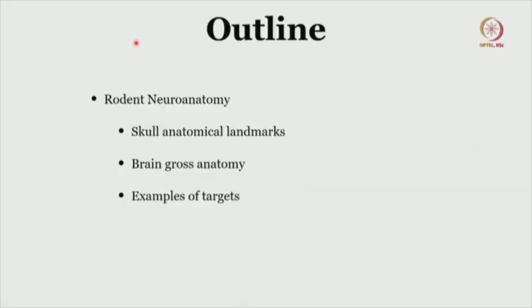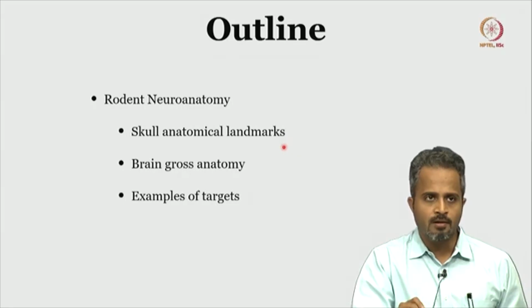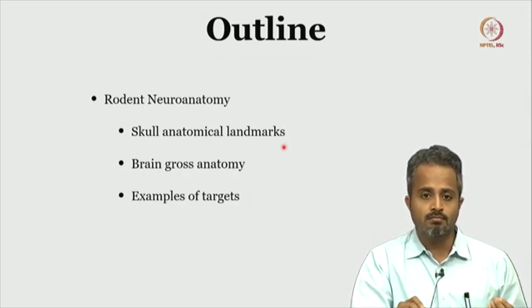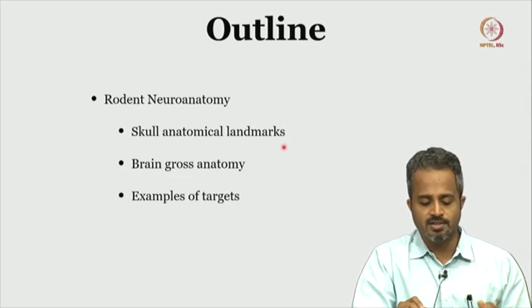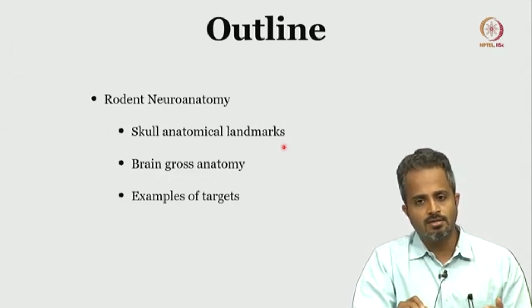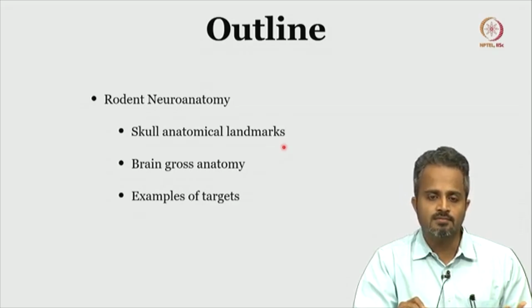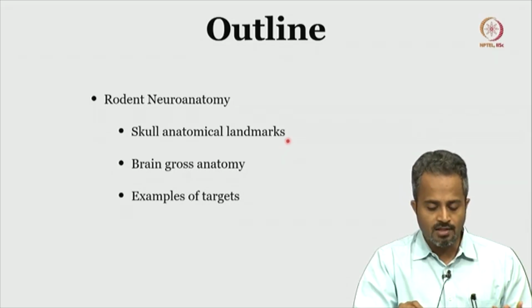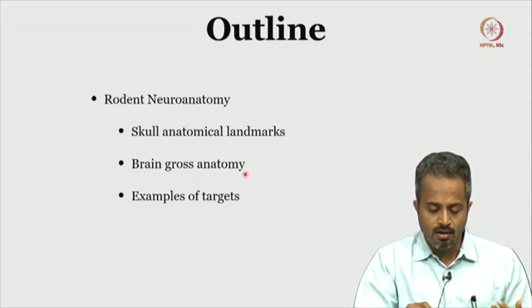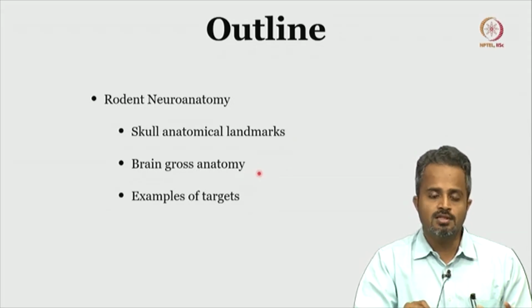So this is the outline of today's lecture. We are trying to cover the most important aspect of the skull anatomical landmarks, which is vital if your study has a craniotomy, or even a twist drill burr hole. Even those require specific anatomical landmarks based on stereotactic coordinates, which will be dealt with in the next lecture. Along with the skull, we need to know grossly the anatomy of the rodent in study.